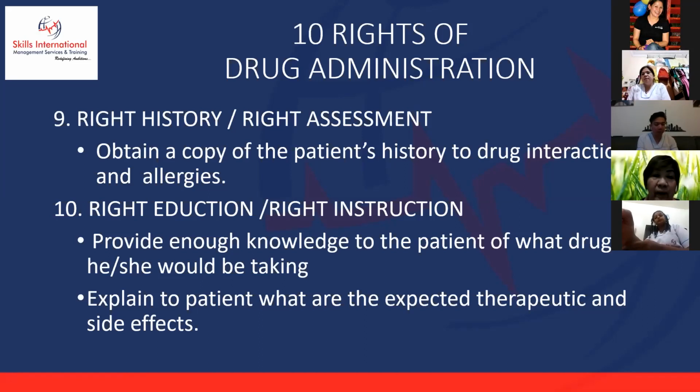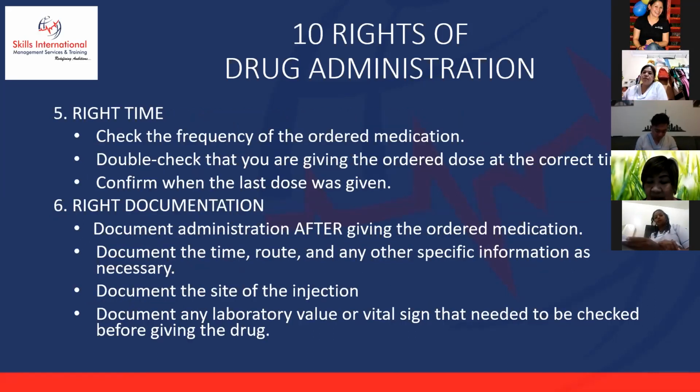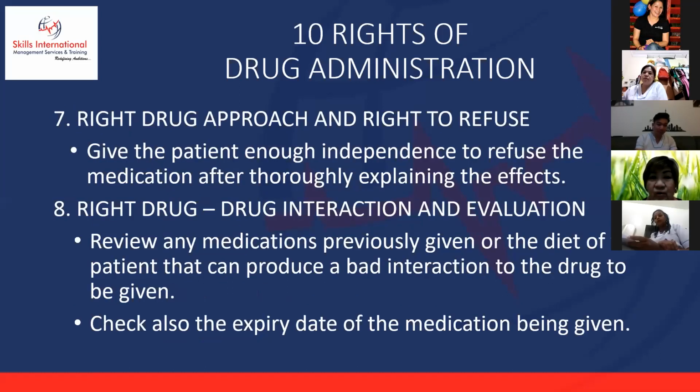So again, going back, what are the 10 rights? We have the right patient, the right dose, the right time, the right drug. What else? Right education. Right documentation. Right drug routes.